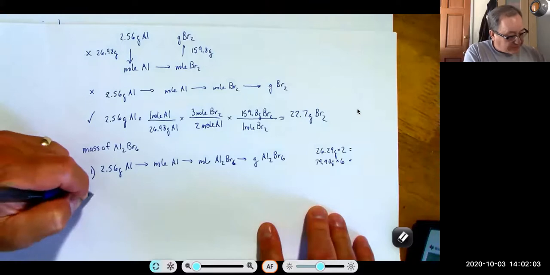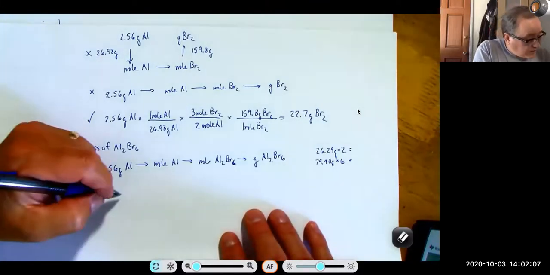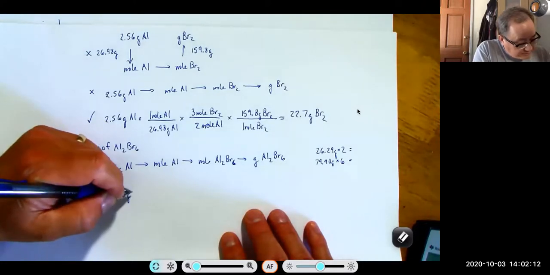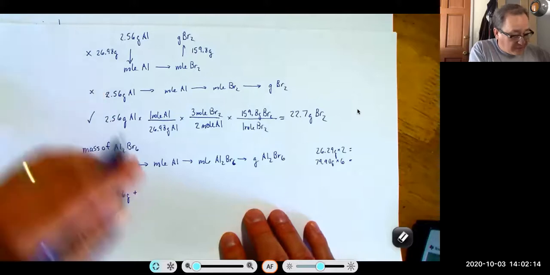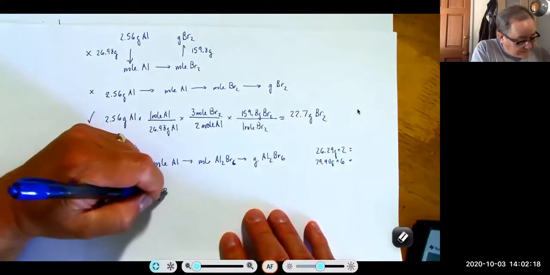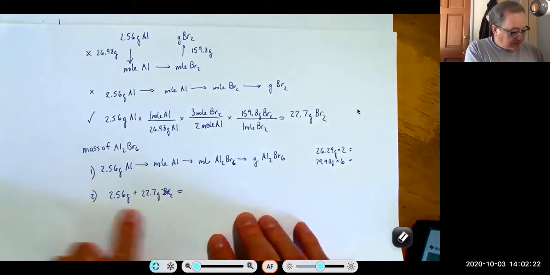What's another way to do it? Well, another way to do it would be this. Let's see, we have 2.56 grams of aluminum, plus we have 22.7 grams of bromine.